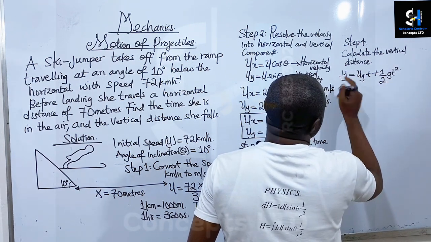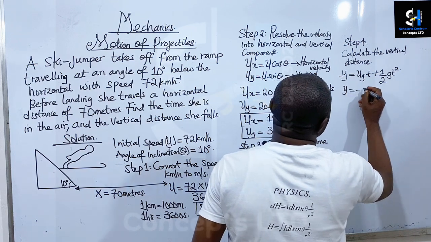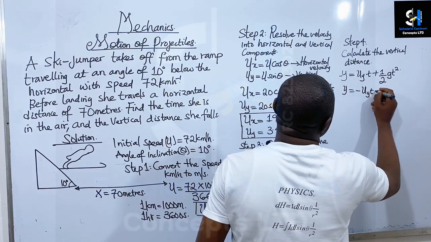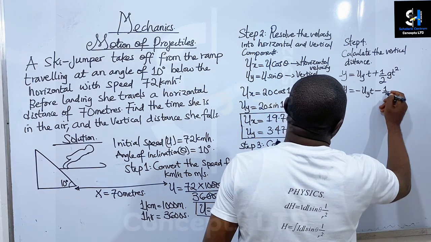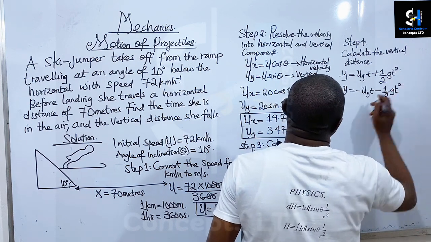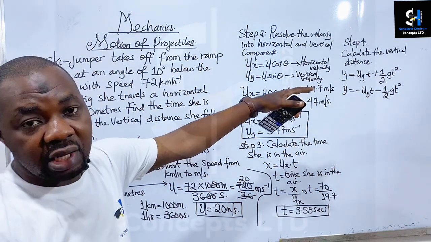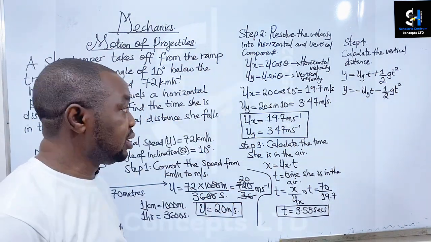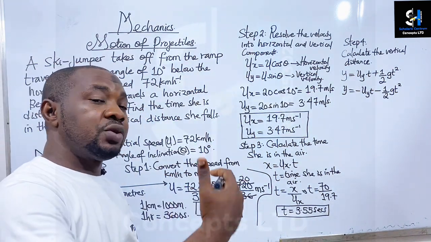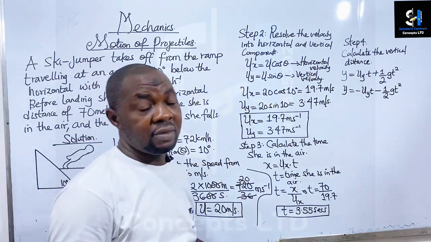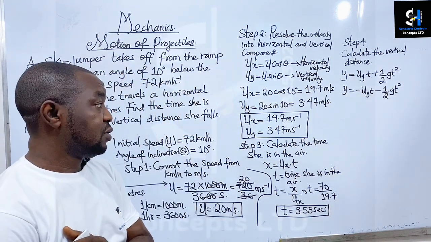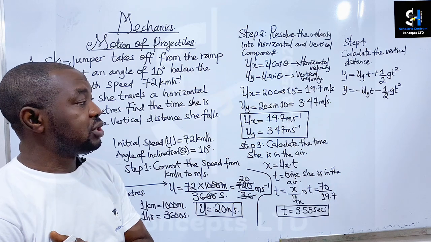Like I said, this will be negative, so that means negative uy times t, then negative 1/2 gt squared. Because the direction is downward, the value of g will be negative, and u also will take a negative value.